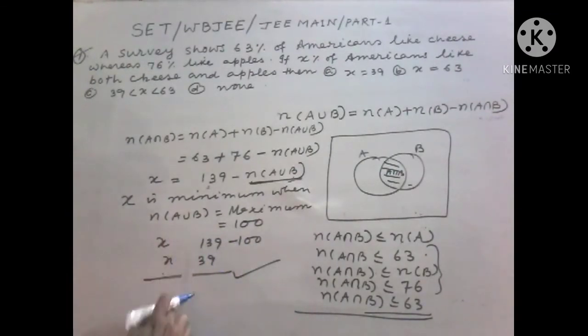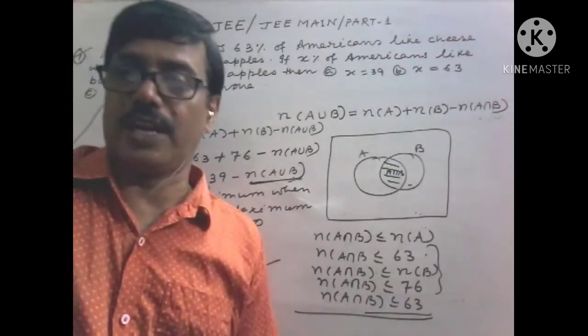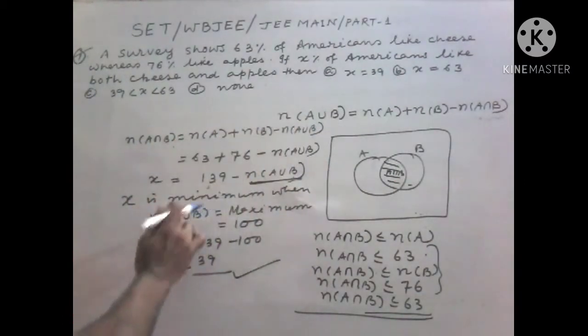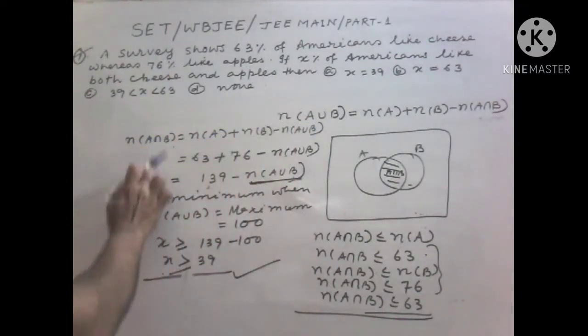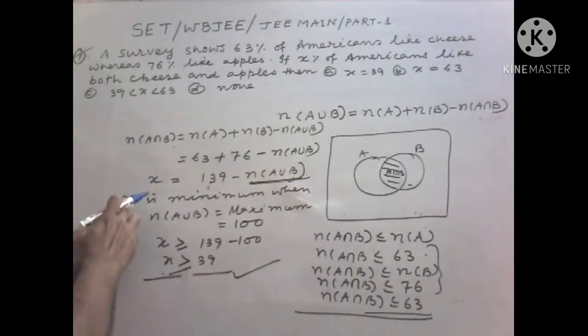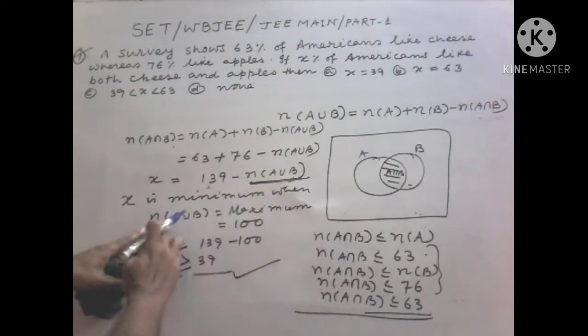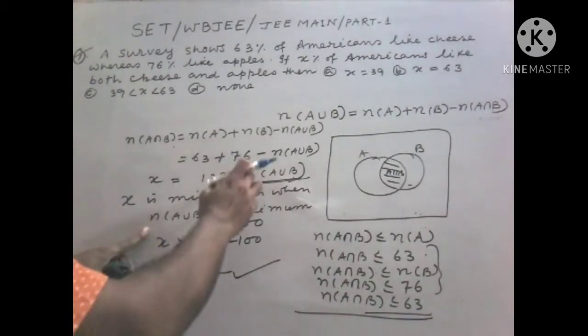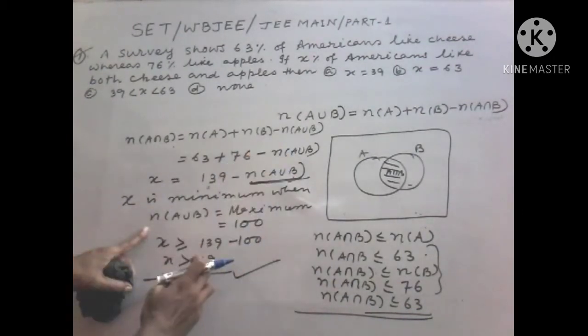So, correct it, this will be greater than. So look at it again. n(A intersection B) equals x. So up to this is okay. Now x is minimum when A union B is maximum. So if it is 100, then the value is 39. If it is 99, then it is 40.